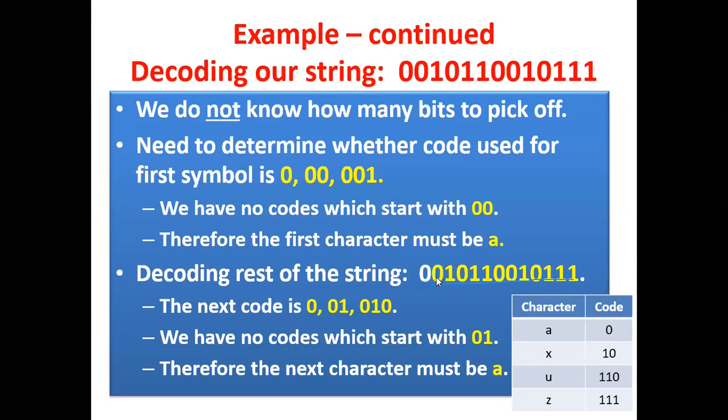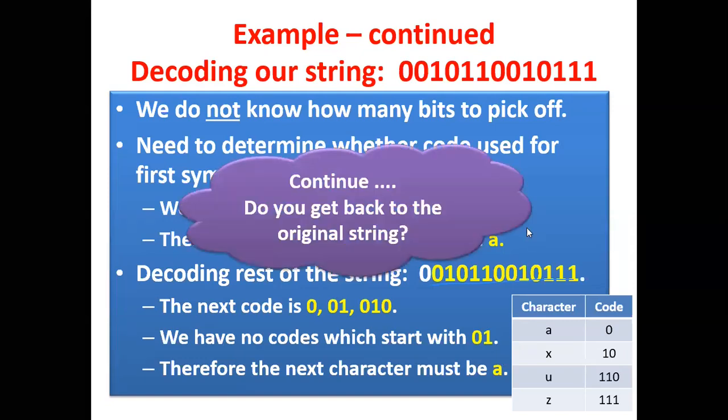And we can also say 01, which has no representative here as well. Then when we check 0 only, we can see that A has this as 0. So in that case, we can conclude that the next character to pick must be A. So we can continue this using this pattern until you get to the end.